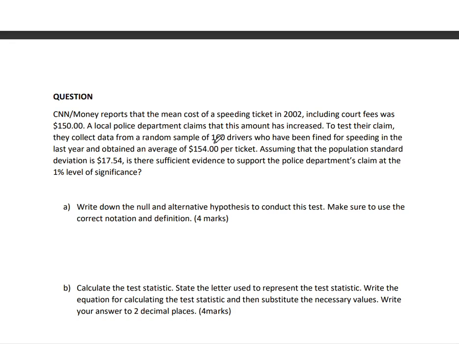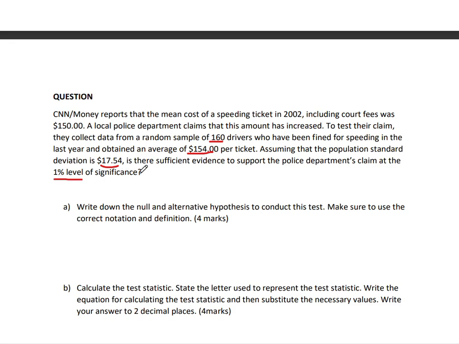To test their claim, they collect data from a random sample of 160 drivers who have been fined for speeding in the last year and obtained an average, which is the sample mean here, of $154 per ticket. Assuming that the population standard deviation is 17.54, is there sufficient evidence to support the police department's claim at the 1% level of significance?